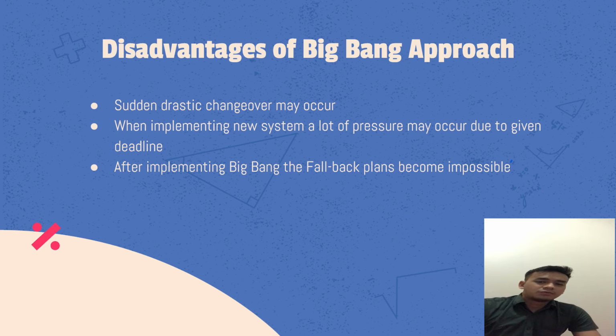Okay, so now moving on to the disadvantages of the Big Bang approach and the phase-in approach. Both approaches have their advantages and disadvantages. However, it's important to point out that an implementation strategy doesn't have to be limited to these two options.